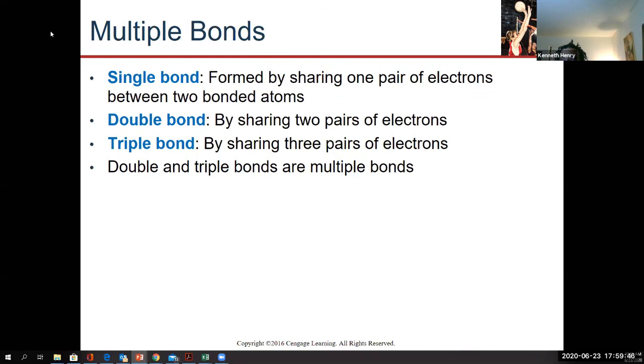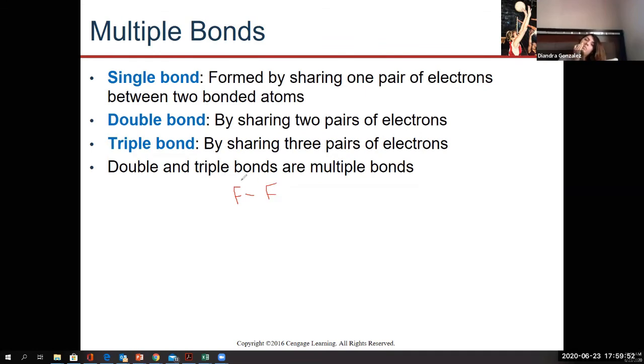So our examples were, we had fluorine, we had oxygen, and we had nitrogen.